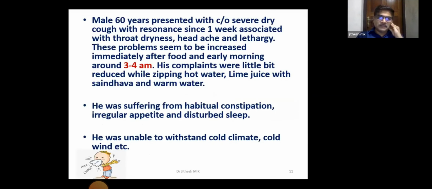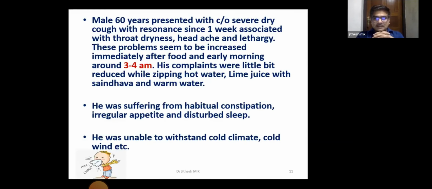A male patient came to us with severe dry cough, with resonance, since 1 week, associated with throat dryness, headache, and lethargy. These problems seem to increase immediately after food and early morning around 3 to 4 a.m. His complaints were a little reduced while sipping hot water, lime juice with saindhava, or lime juice with salt and warm water.